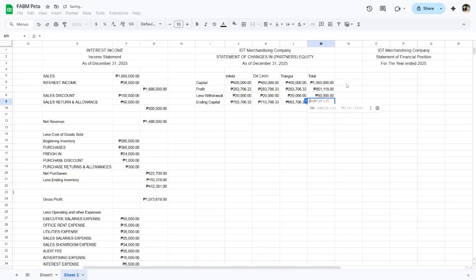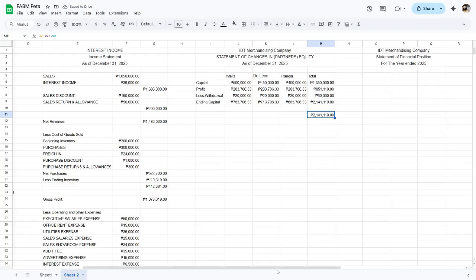Yes, that's all of it. So basically, this is the ending capital. If you aren't sure about this, just add these two and subtract this. Let's try that. Basically the same. Everything's right.